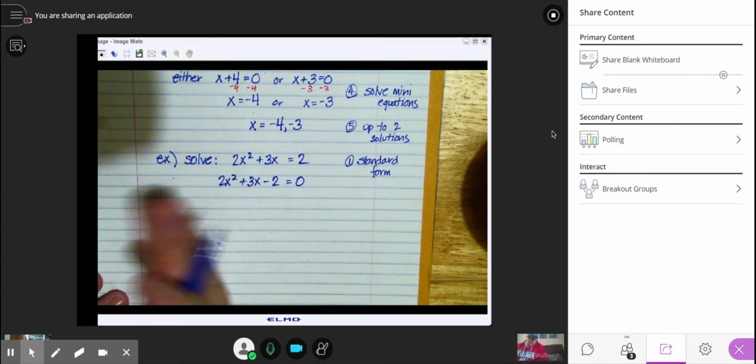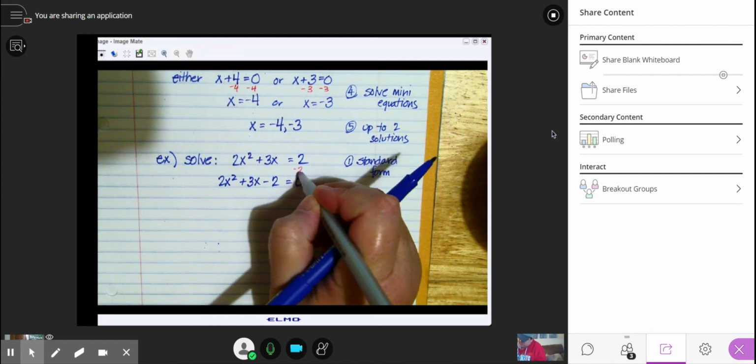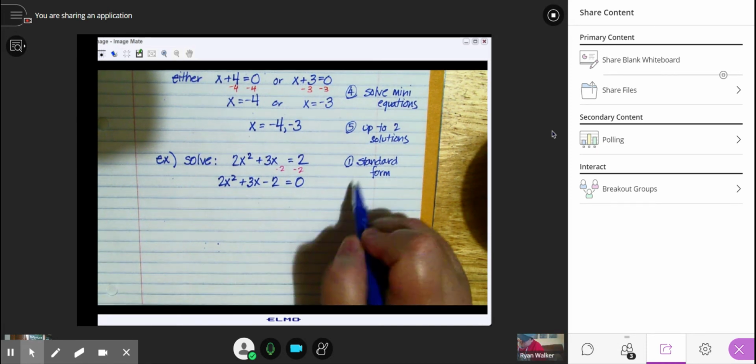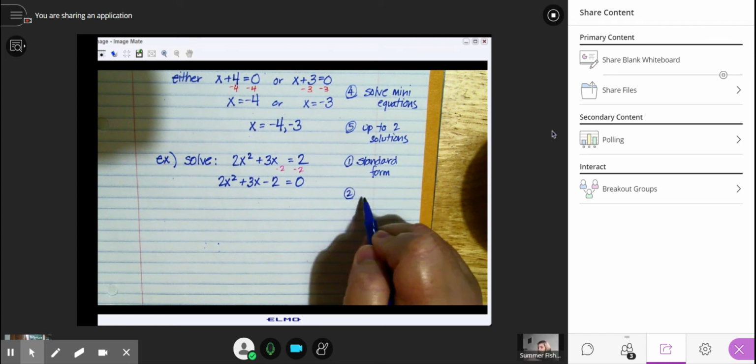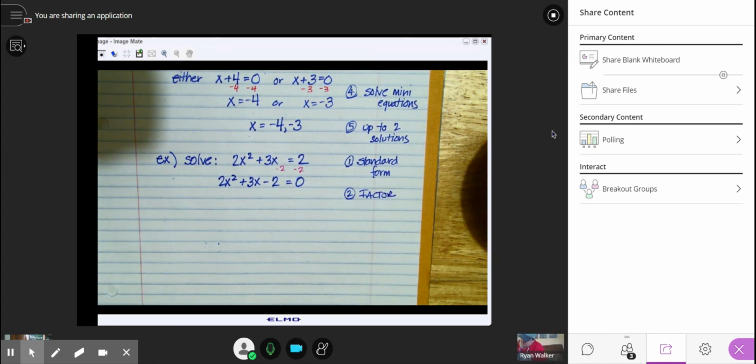Subtracting 2 from each side to make sure it gets set equal to 0. Then we want to factor it completely. Is there anything I can take out of all 3 of those terms?